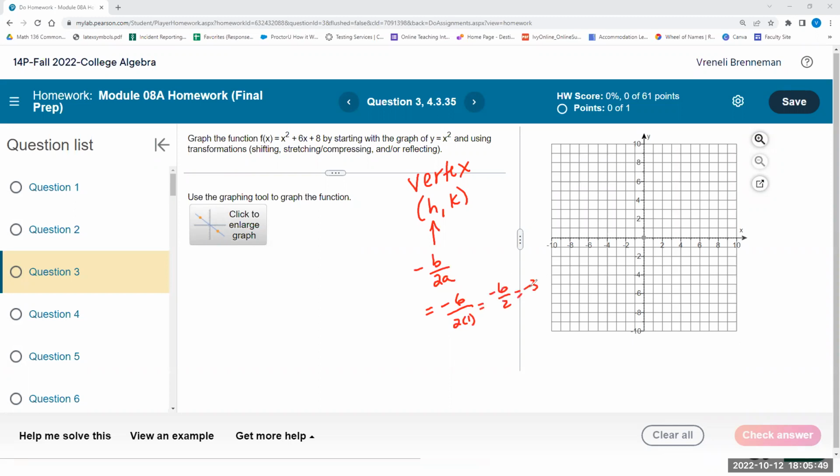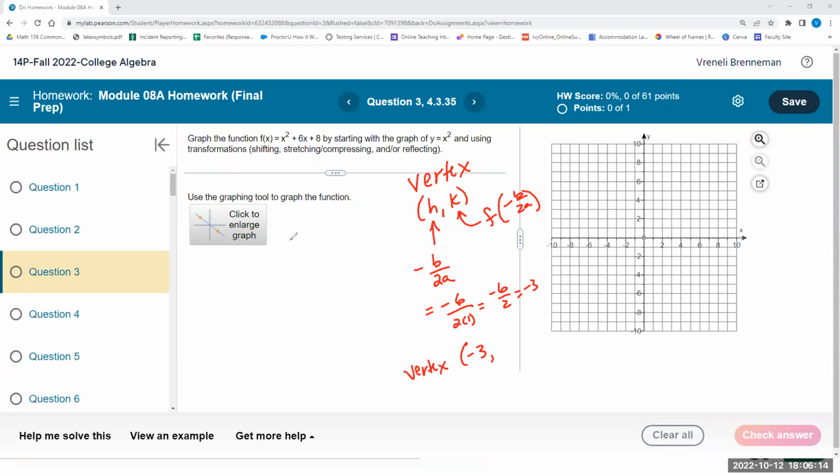which is negative 3. And then k, the y coordinate of the vertex, is the function value: you just plug in whatever that negative b over 2a result is. So you don't have a separate thing to memorize for the y coordinate. Once you have the x coordinate of the vertex, you plug that in.